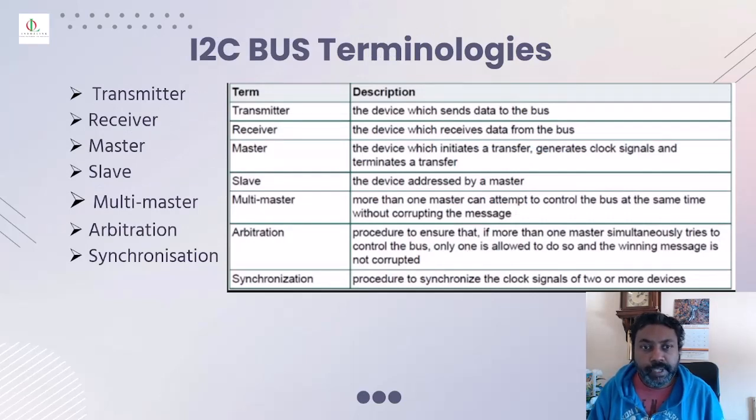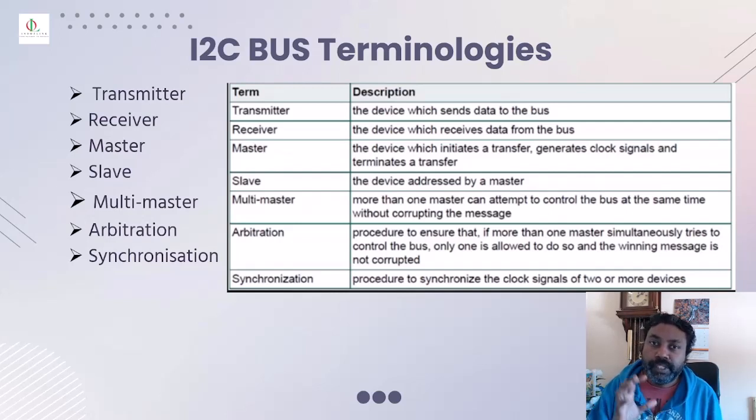These are the different bus terminologies related to I2C. Start with the transmitter. You already know from USART what a transmitter and a receiver are. A transmitter is the one you can use to send data to the bus, and the receiver is the one that receives data from the bus. Today you're learning a new concept, master and slave, through I2C.